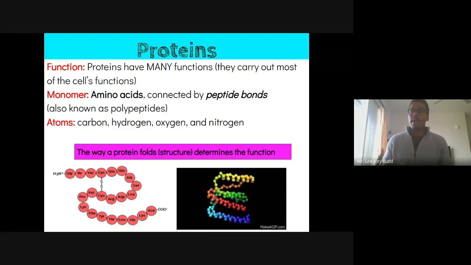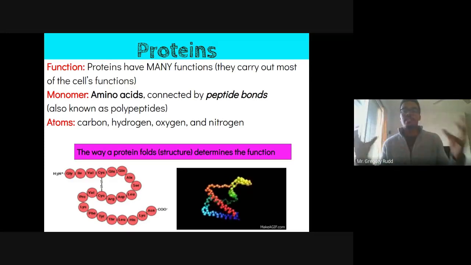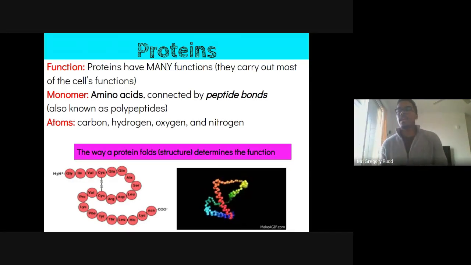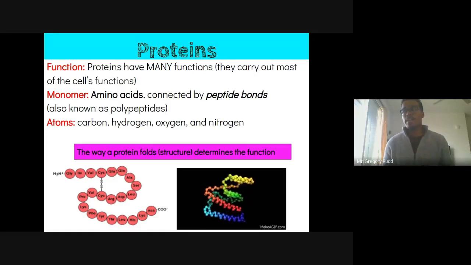The monomer that makes up a protein, remember monomers are like our building blocks. Mono means one. Polymers mean chains of many. So the monomer that makes up the polymer in this case is an amino acid.